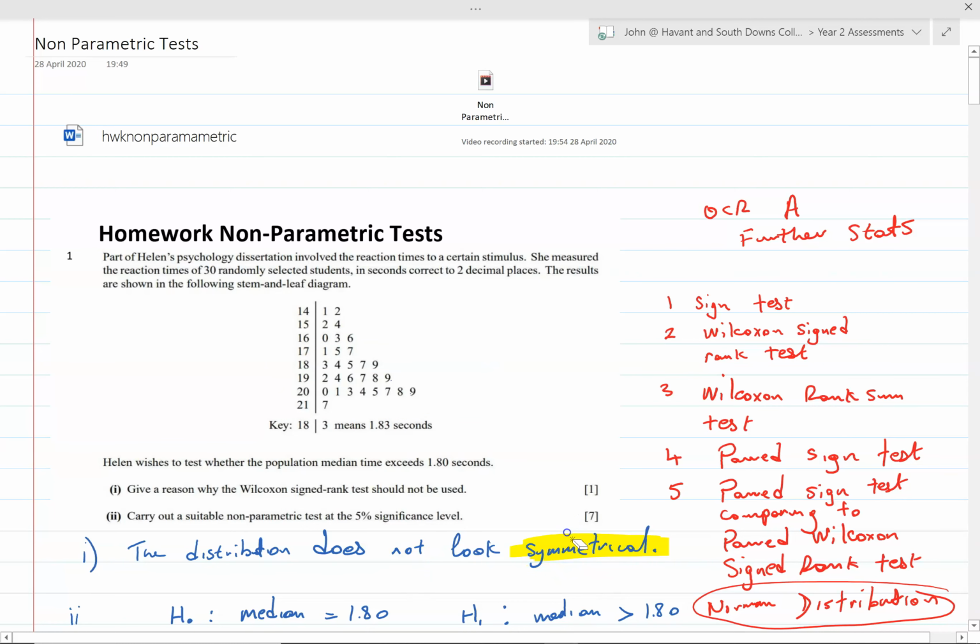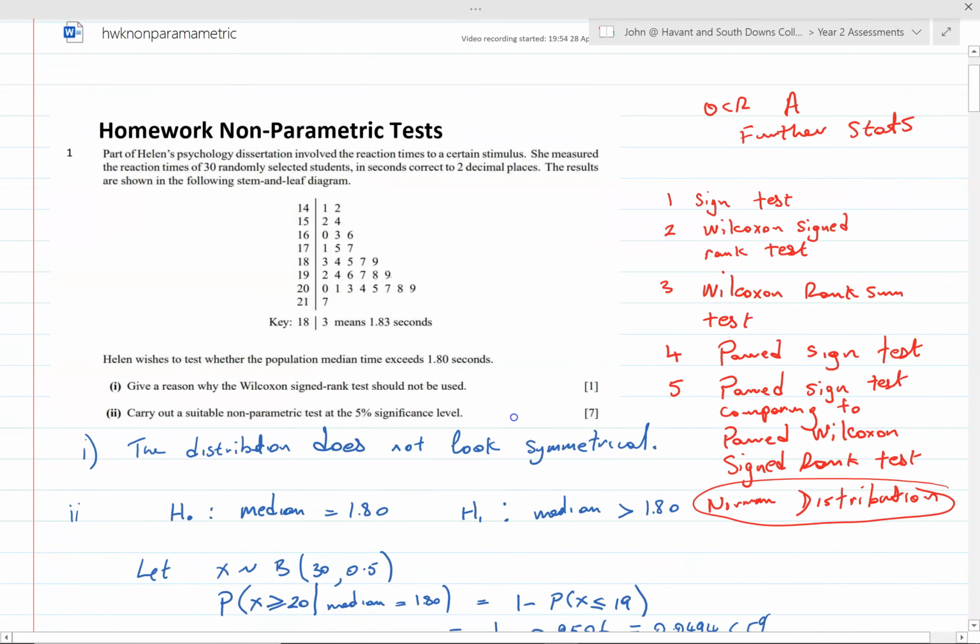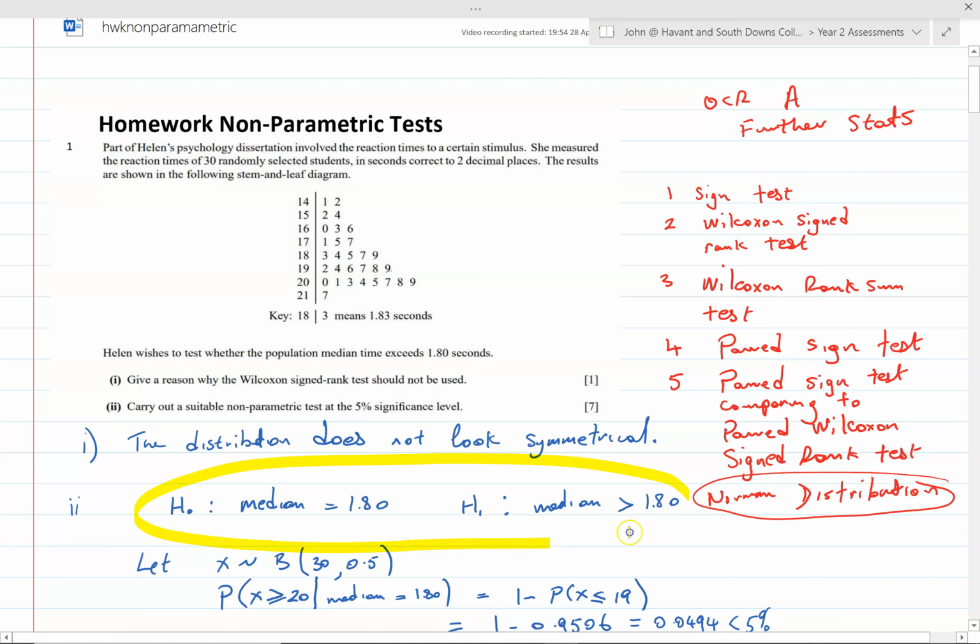Okay, so we do the sign test, and that's what we get to do in the second part. Don't forget to set up your hypotheses. Always look carefully to see what kind of test it is. The results are shown in a stem and leaf diagram, and the student wishes to test whether the median exceeds 180.